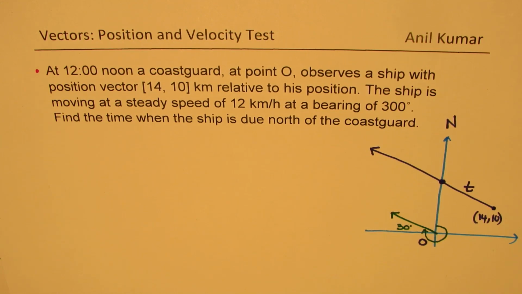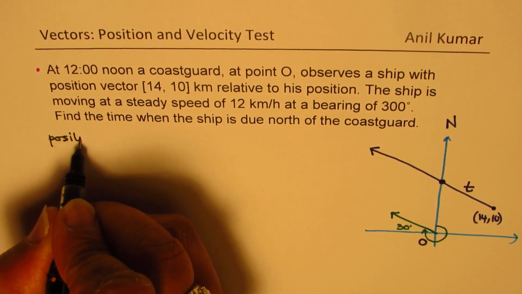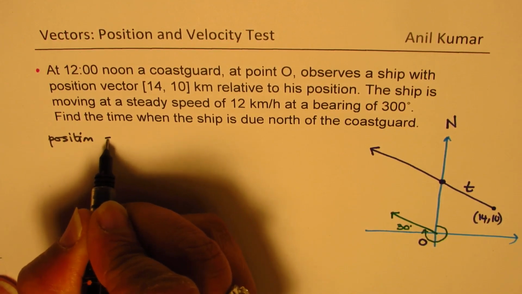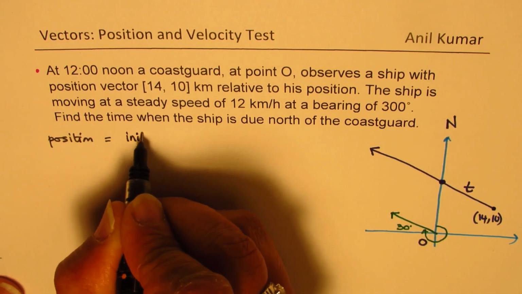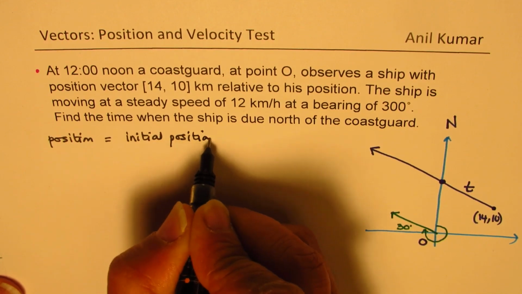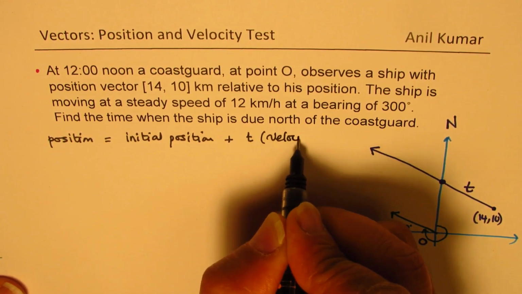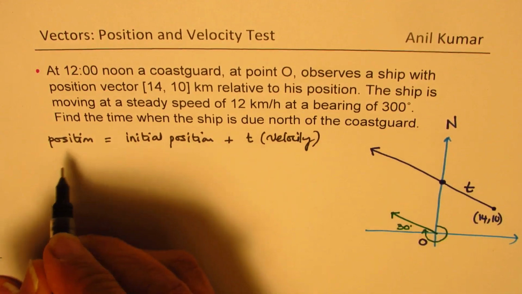Perfect. Okay, so here, let's try to figure out the position vector basically. So we can actually find the position vector. Position will be initial position plus time times velocity, as we wrote initially.